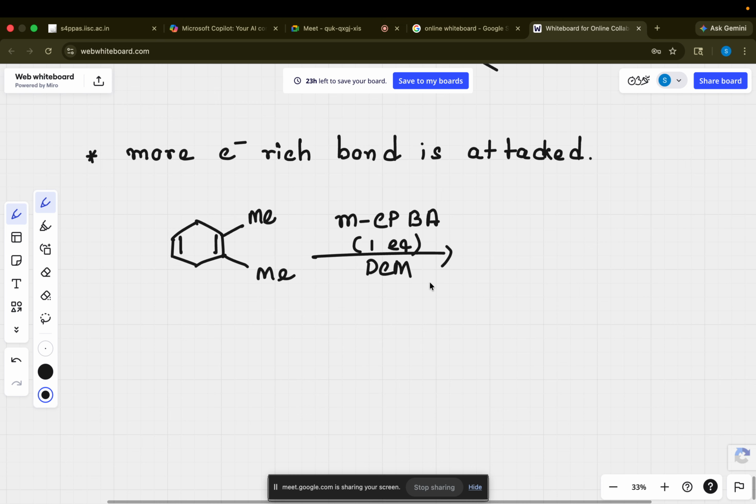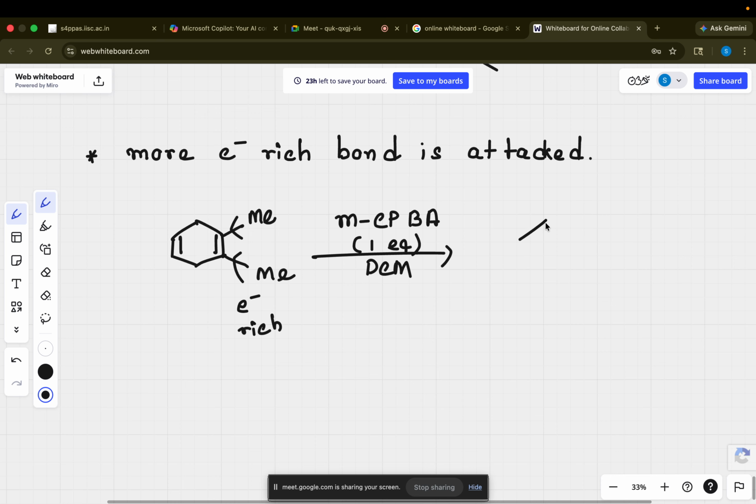Syn addition. Which double bond will it attack first? Sir, the one which is connected to 2 methyl groups. This double bond is more electron rich because you have 2 methyl groups, with plus I effect as well as plus H effect, hyperconjugation and inductive.